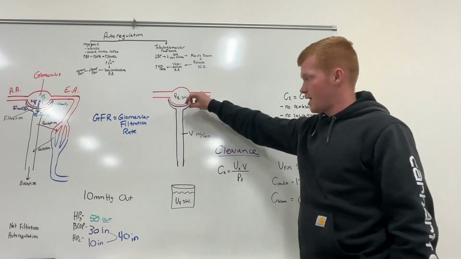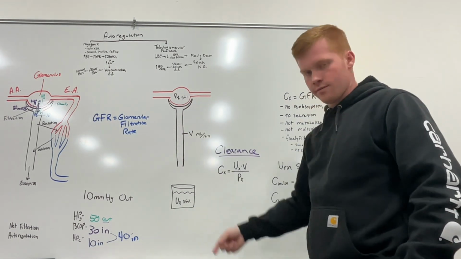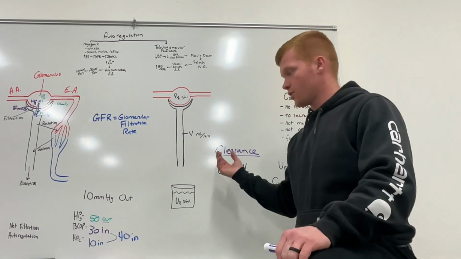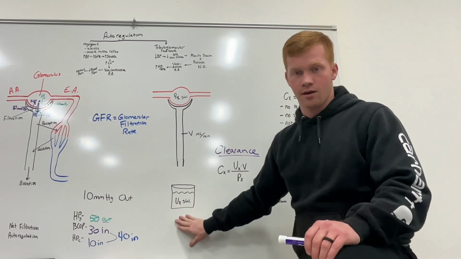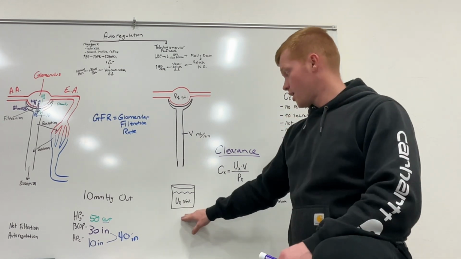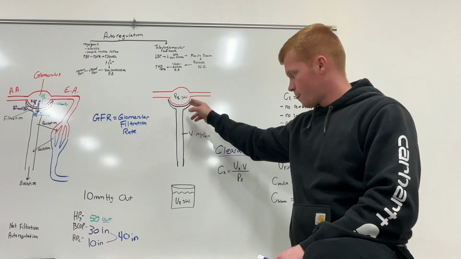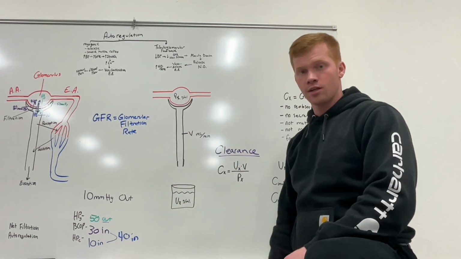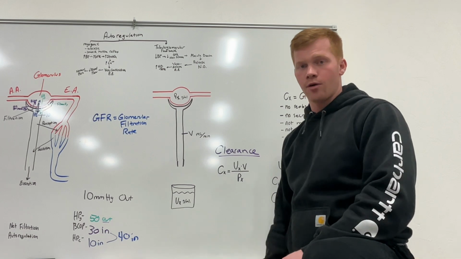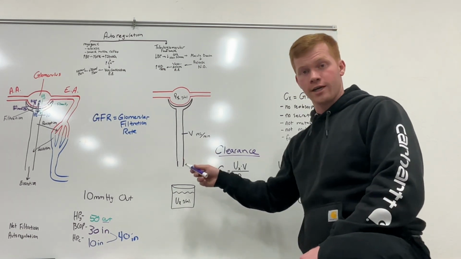So we just need it to stay consistent throughout the tubule. As it moves through the tubule, it'll eventually be peed out because it's not secreted and not reabsorbed, it's going to be excreted, and we end up with that in our cup. Then we measure our cup and say, oh hey, that was the same exact amount we had in the blood, it came all the way through, and we have that amount in the cup. And it's still that 125. So now we know what our glomerular filtration rate is.